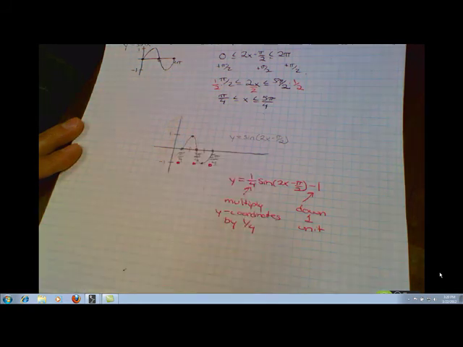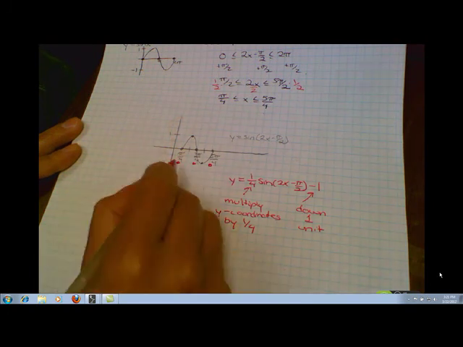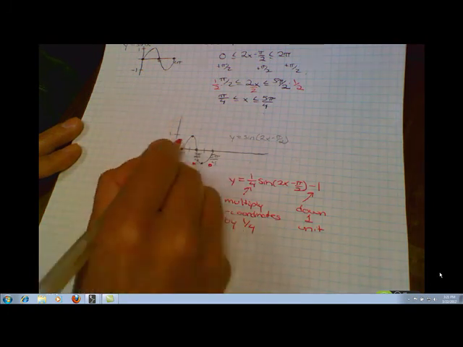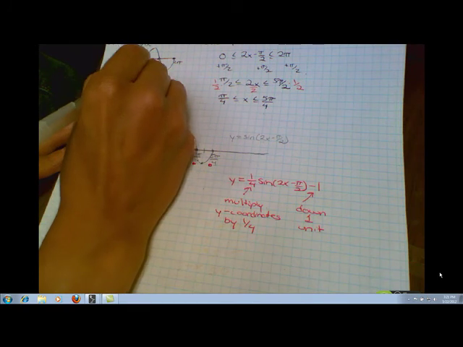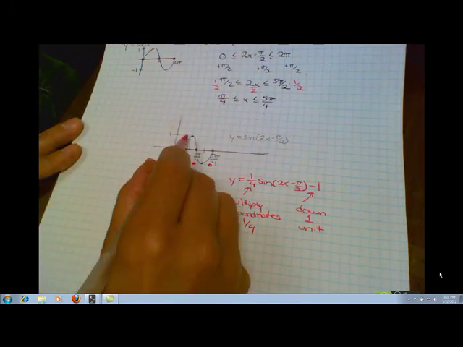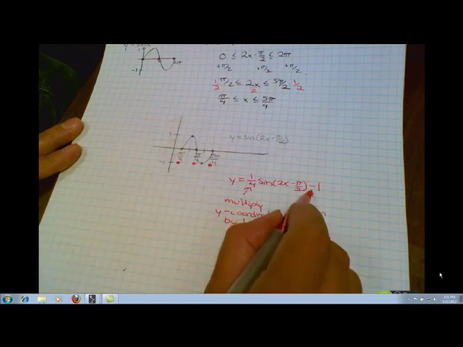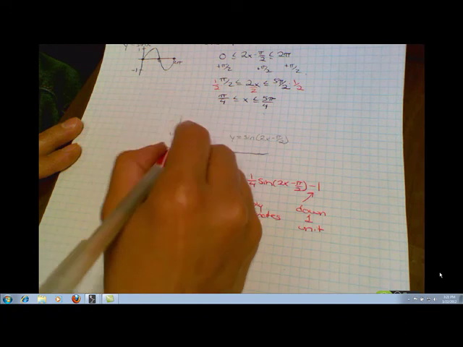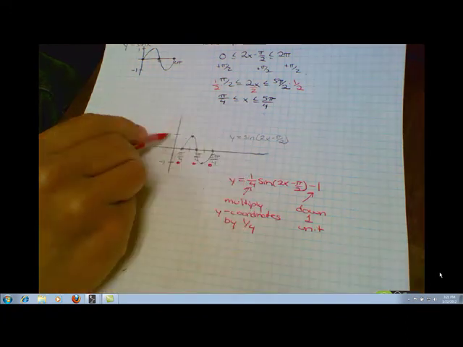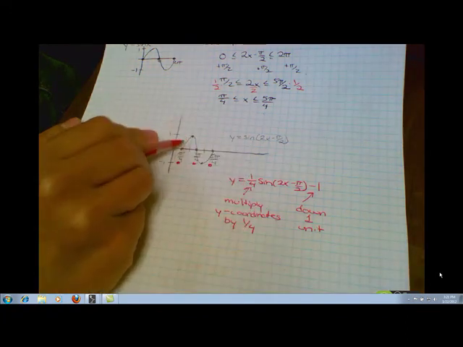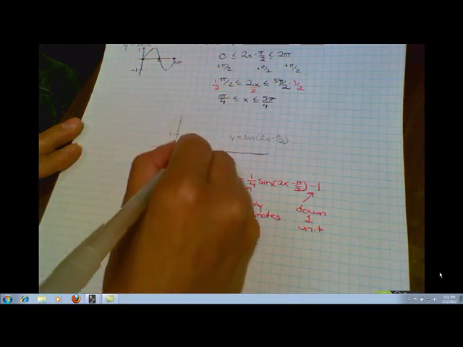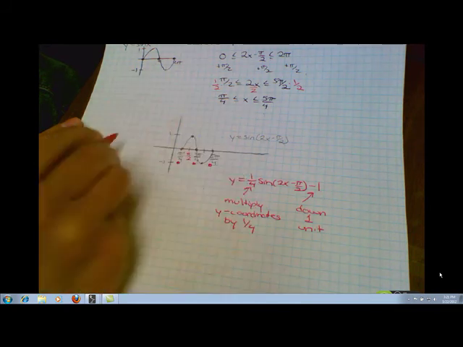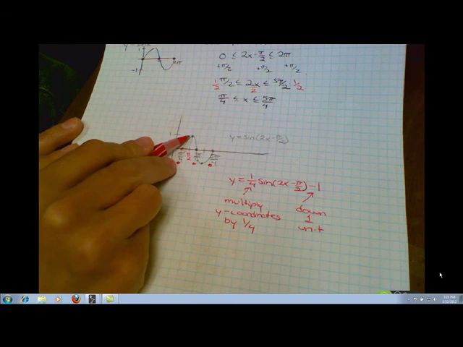But we also want to shift those points down 1 unit. So I'm going to go ahead and take all of those intercepts. When I multiply by 1/4, I get 0, but I want to shift them down 1 as well. And we can think of this as the sea level for the graph. See how for sine of x, sea level is the x-axis, where y equals 0. Now that we've shifted the entire graph down 1, now sea level is here at minus 1.